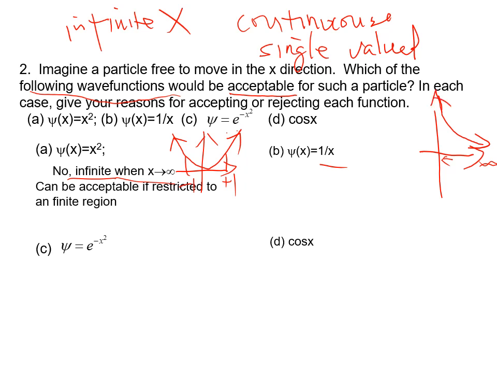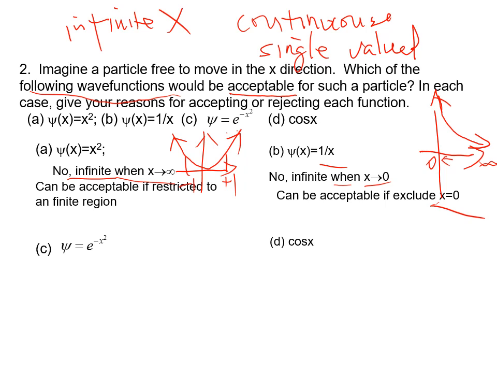So it goes to infinity again at x equals 0. And therefore, this is not acceptable as a wave function because it approaches infinity when x approaches 0. Unless you exclude x equals 0, then it can be a wave function.